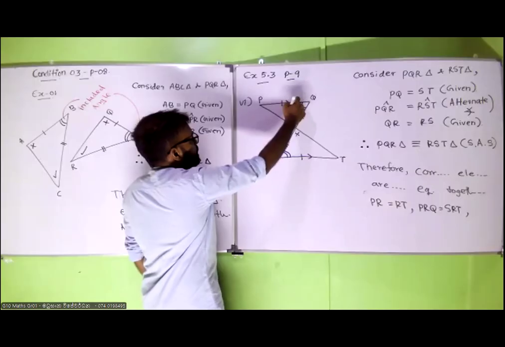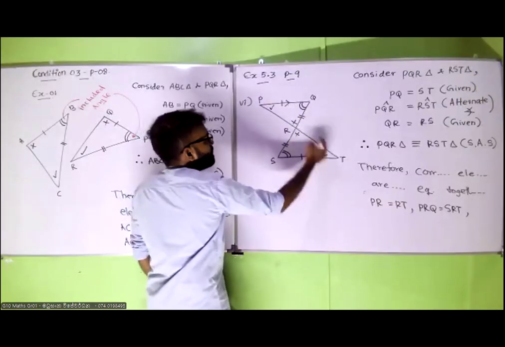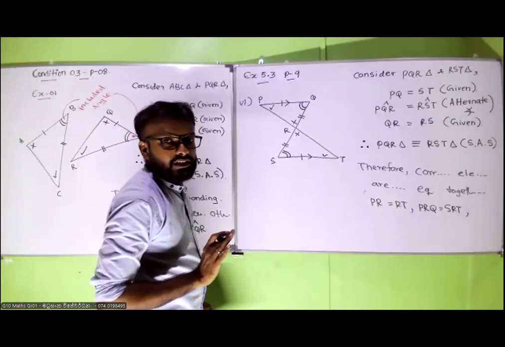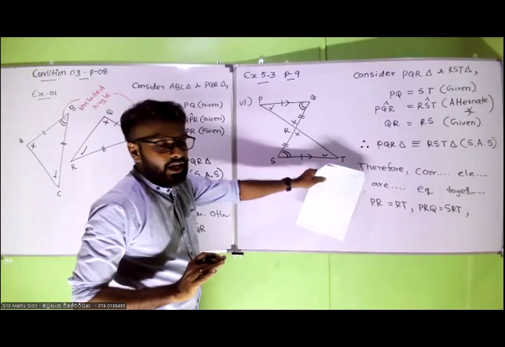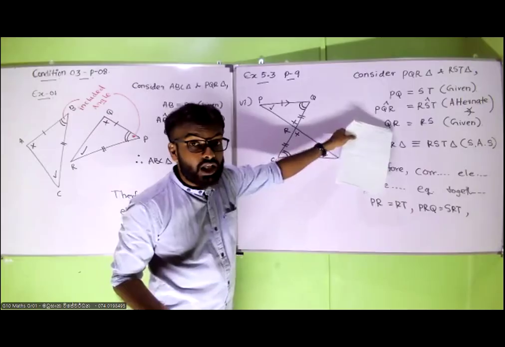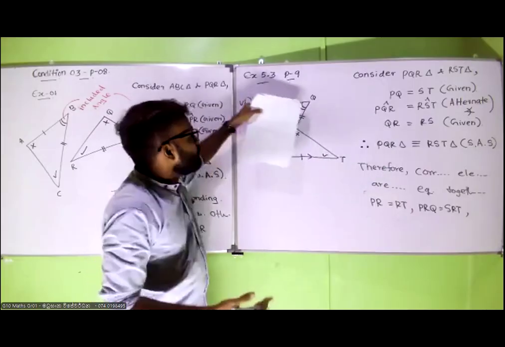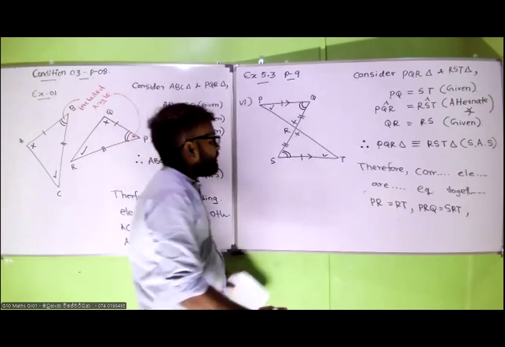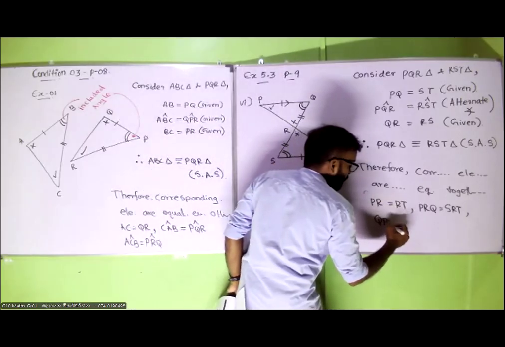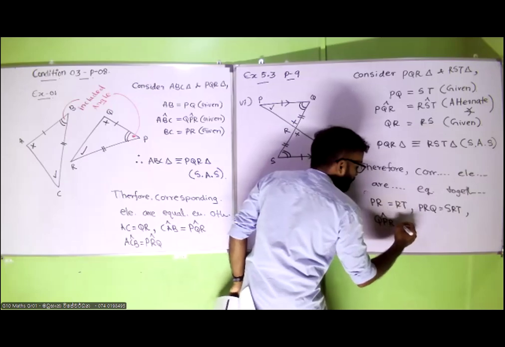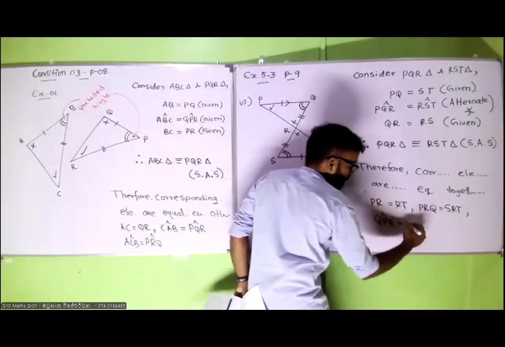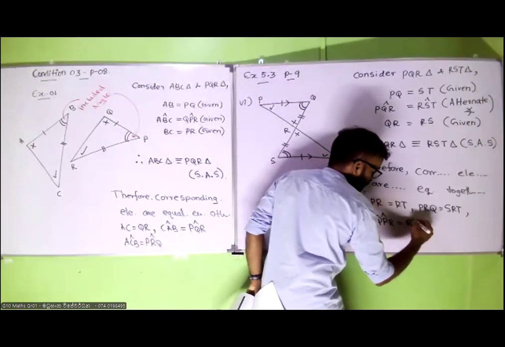This one is definitely equal to this one, but they are corresponding elements, because the congruence already happens between these two triangles. So you can easily identify that angle QPR equals angle RTS.